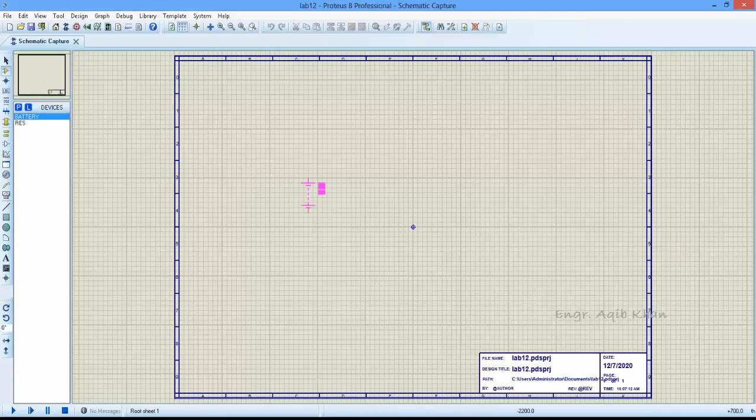First place the battery in this direction, then R Thevenin and RL.